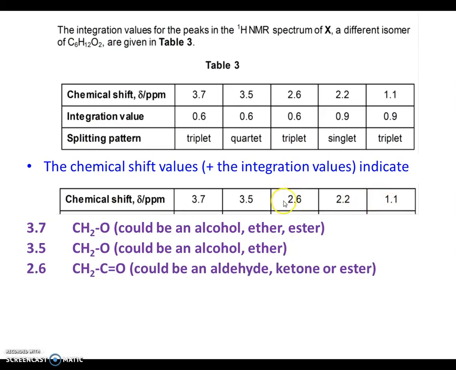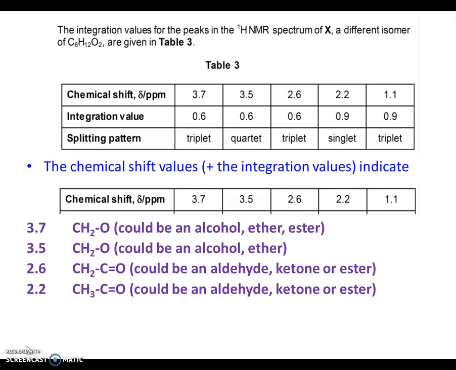Our data sheet tells us that those hydrogens are going to be bonded to a carbon which has got a C=O on. Now again, we don't know whether it's an aldehyde, a ketone, or an ester. Because we don't know, we'll just leave it as those possibilities.